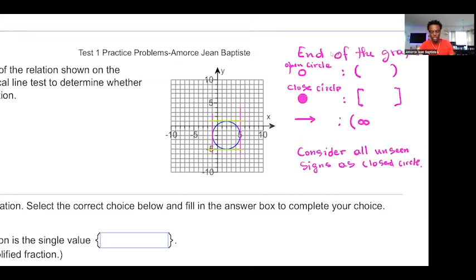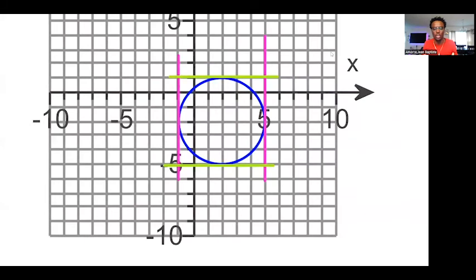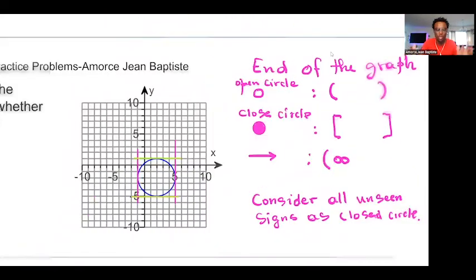So now that you know this, in this one, some of you may want to ask, where are the closed and open, or the arrow signs? Well, if you don't see anything that is one of these three, it's a closed circle. Now, in this case, it's going to be a closed circle.